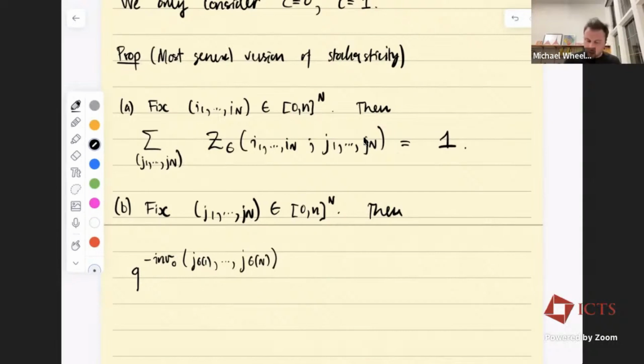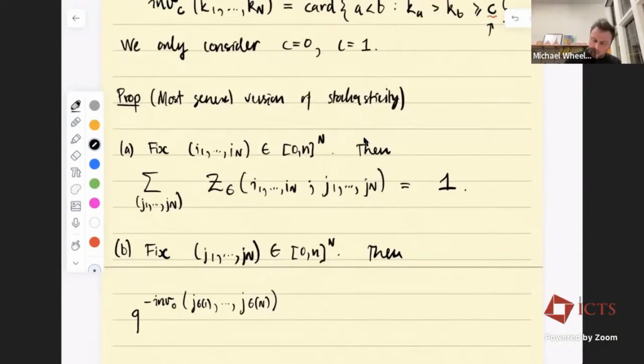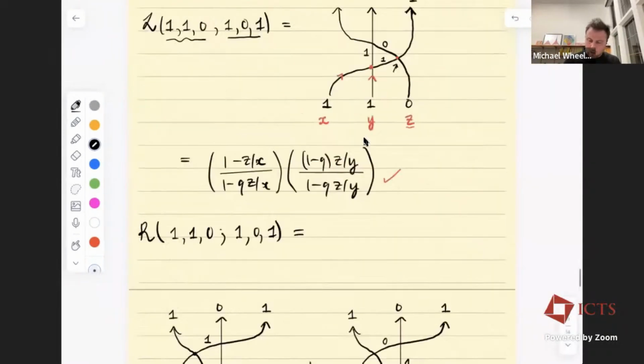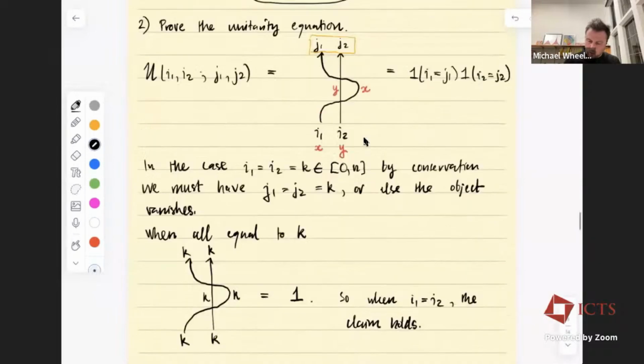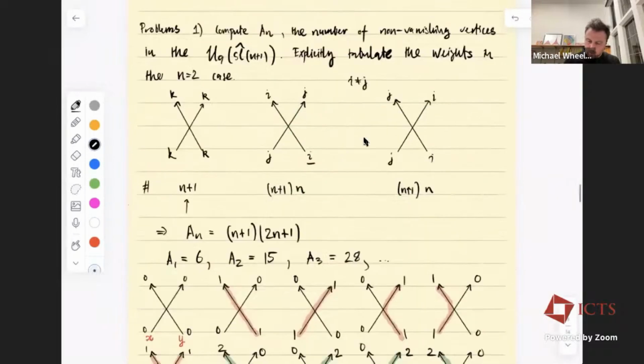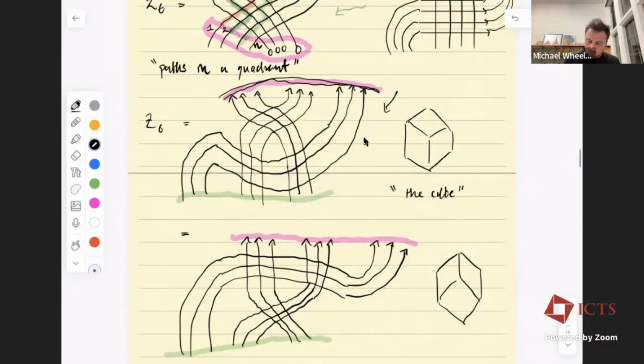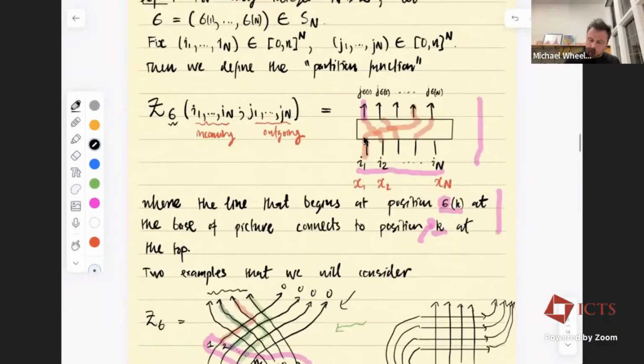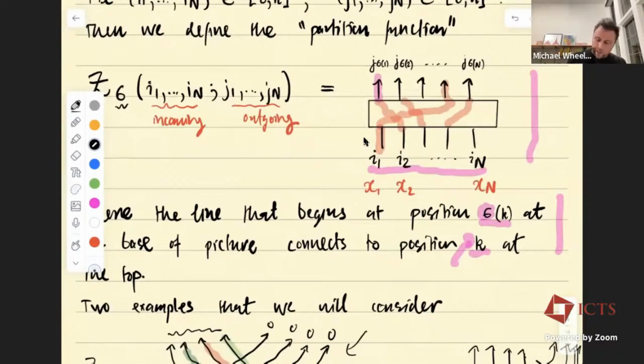Don't worry too much about the sigmas here. Let's go back to our picture. Basically I'm taking this vector here and this vector here, reading them across and keeping track of the inversions.